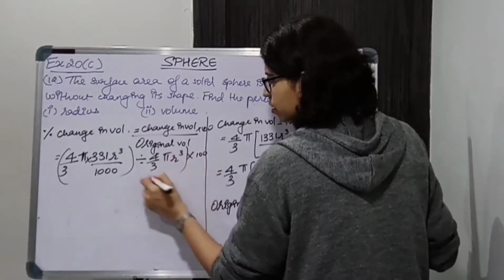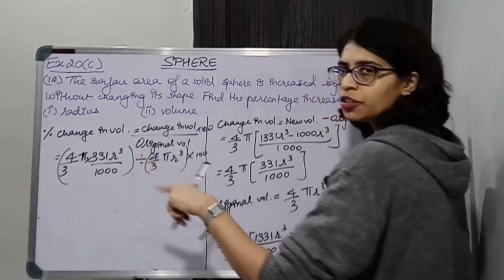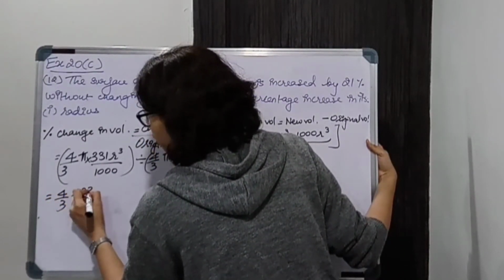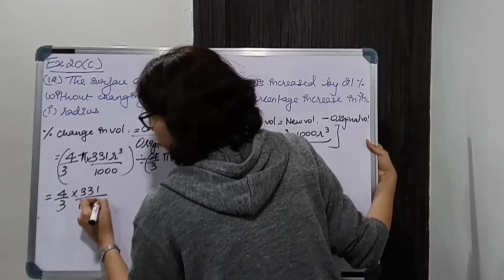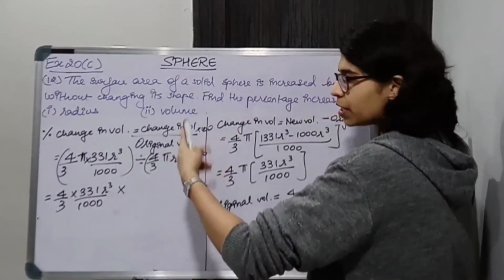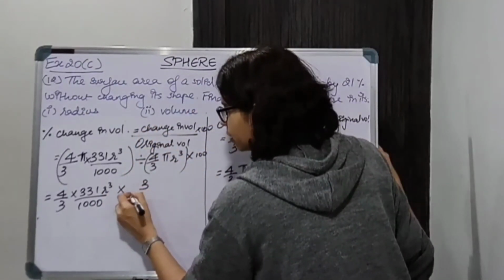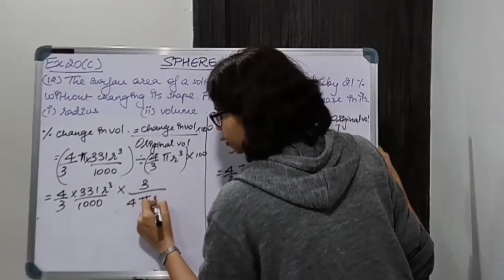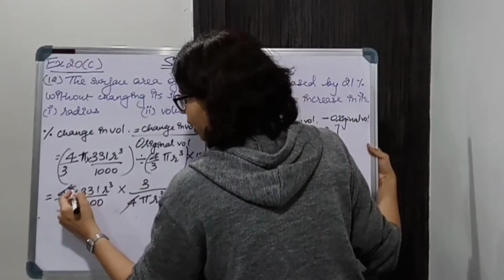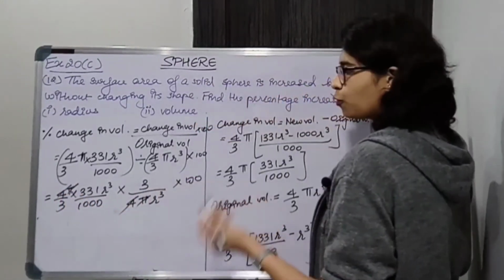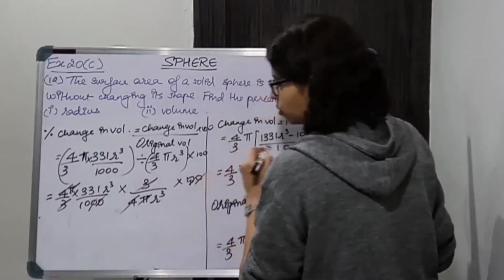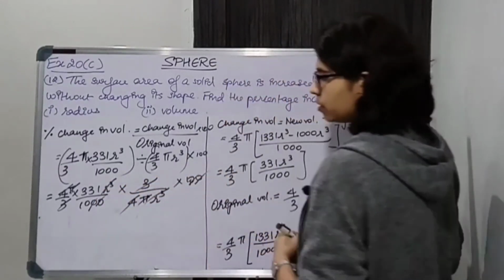Now I'll turn this division into multiplication, so it will become reciprocal. ठीक है, 4 by 3 into 331 upon 1000 r cube है, into, it will become reciprocal, so denominator will go in the numerator and numerator का सब terms आ जाएगा denominator में, into 100. 4 pi भी है, sorry, pi gets cancelled, 4 gets cancelled, 3 cancel हो जाएगा. 0 0 0 r cube.